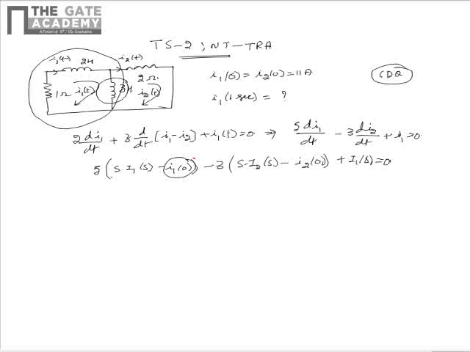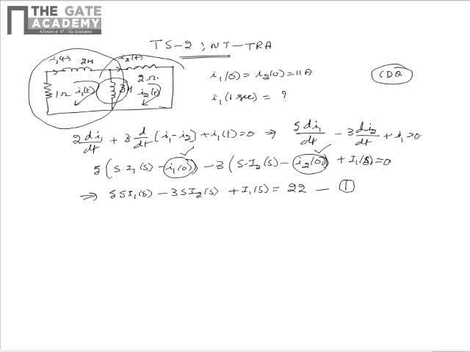But we know that i1(0) is 11 ampere and i2(0) is 11 ampere. So upon substituting and simplifying, the equation becomes 5s I1(s) - 3s I2(s) + I1(s) = 22. This is because i1(0) is 11 and i2(0) is 11. Let us mark this as equation 1.